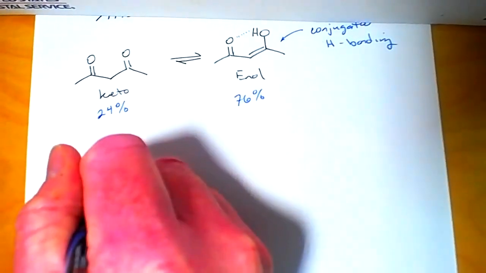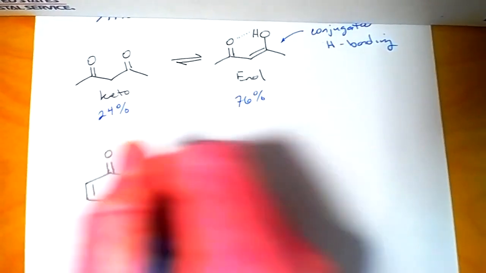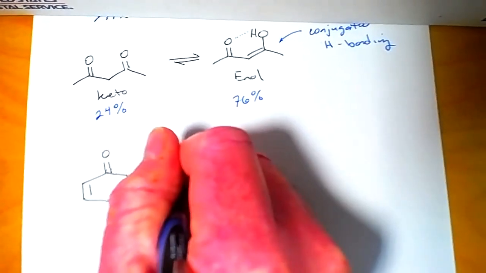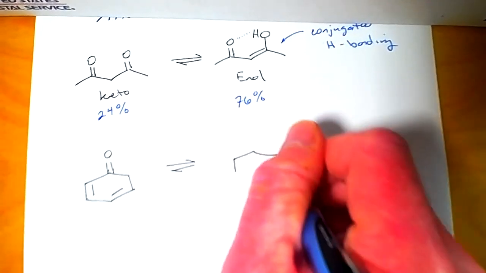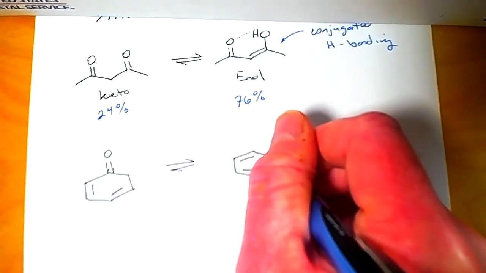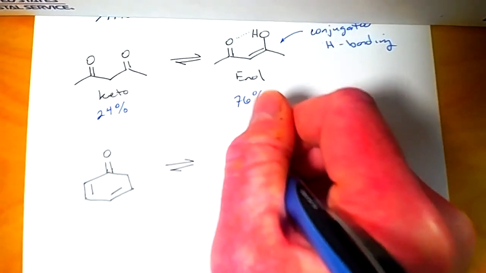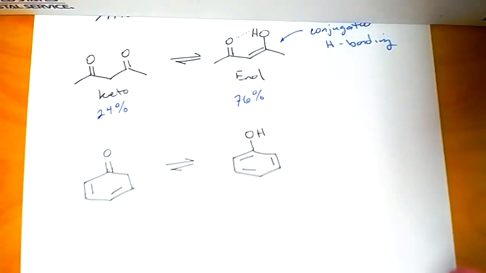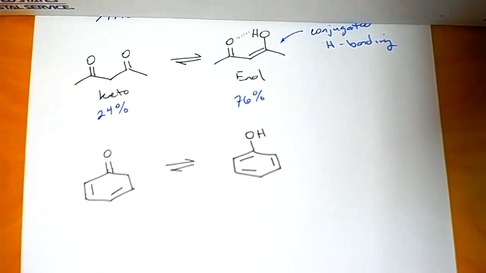Now let's look at one more example, which is kind of an extreme. But if you had, let's say, this ketone, all right, that ketone is in equilibrium with this enol here. And if you were to ask yourself, okay, which side do you think is favored?